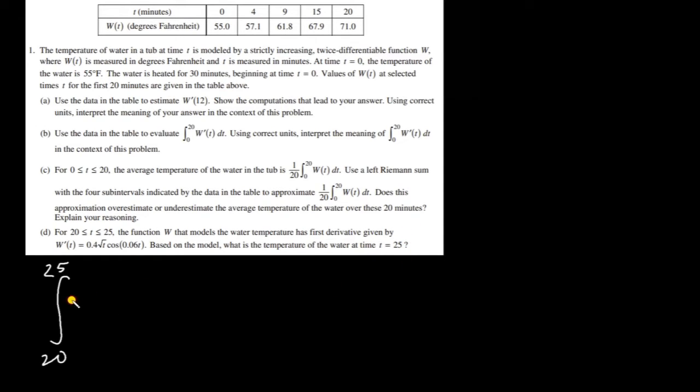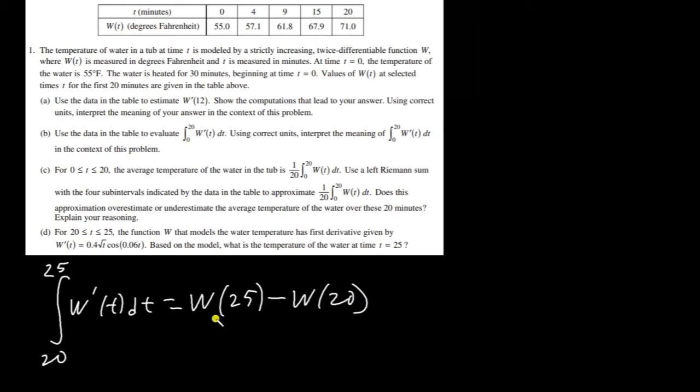So what's going to happen when I integrate W prime of t, remember the derivative and the integral cancel out, and you just get W of 25 minus W of 20, right? Now we can figure out the numeric value of this, so we'll solve for W of 25.